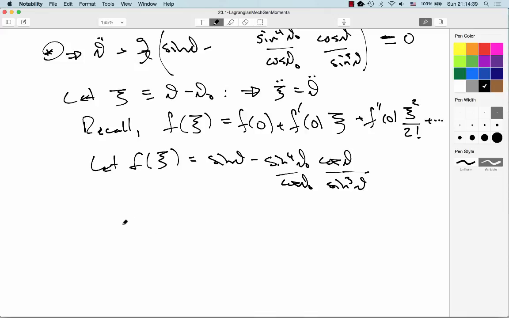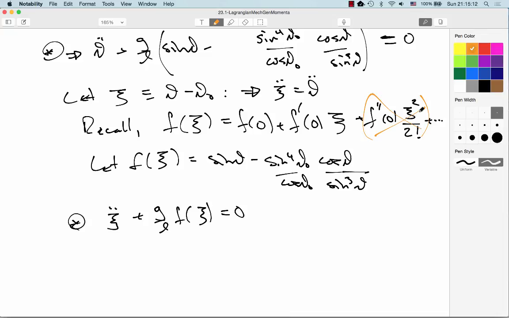So we can rewrite star as xi double dot plus g over L f of xi equals 0. We're not going to worry ourselves too much here because we're promising that we're making small perturbations about the equilibrium angle. So we just need the first derivative.